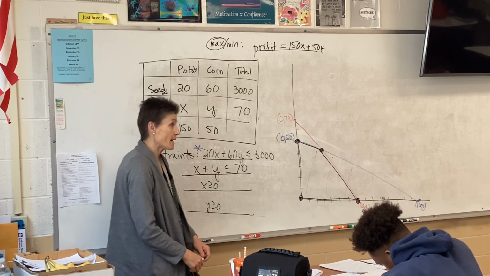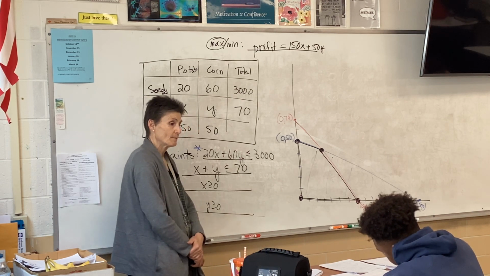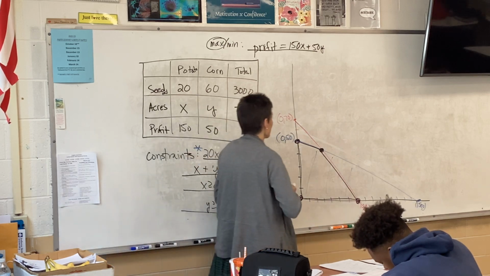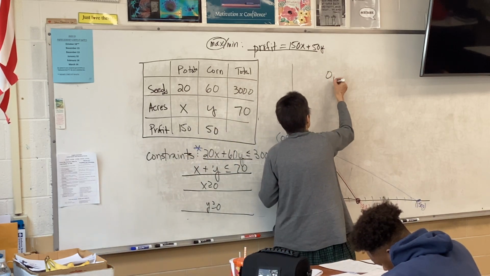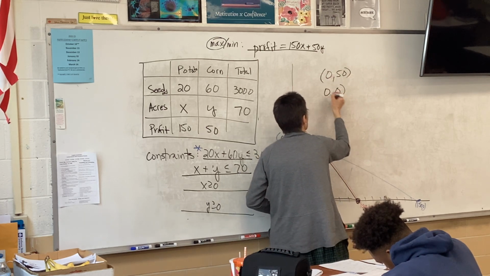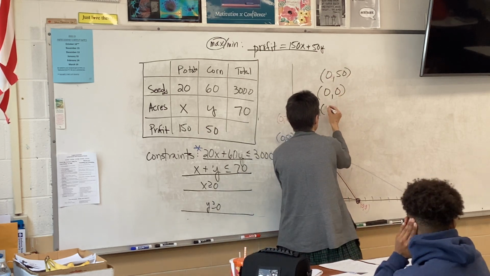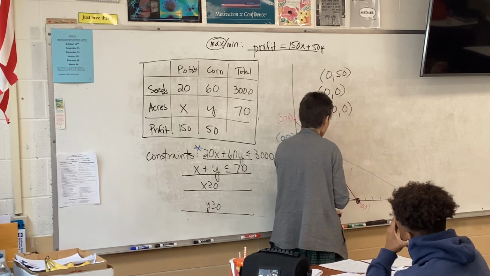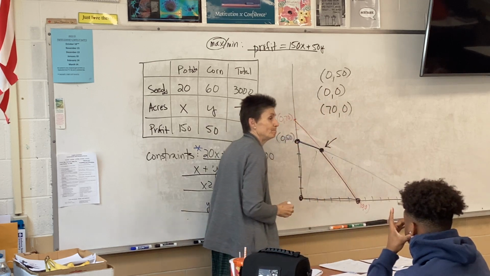Anybody remember what the next step is now? Once we've graphed, now we've got to find the points. So some of them are easy, 0, 50, 0, 0, 70, 0. And then I got this one, right?